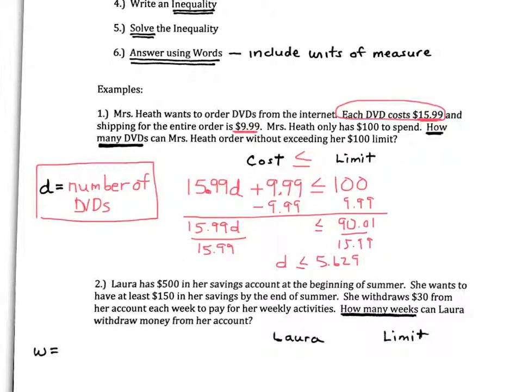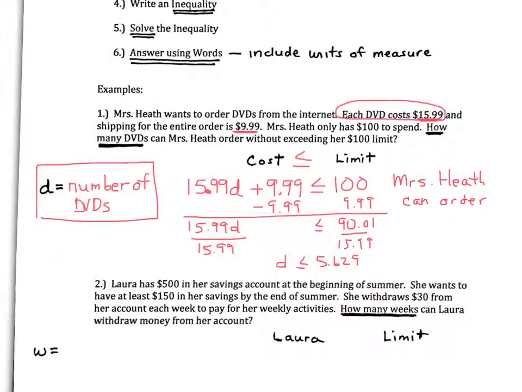Alright, I believe that means that Mrs. Heath can order... Oh, I need to write that a little neater. Mrs. Heath can order, okay, now it says less than or equal to 5.6.